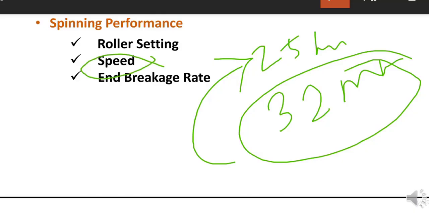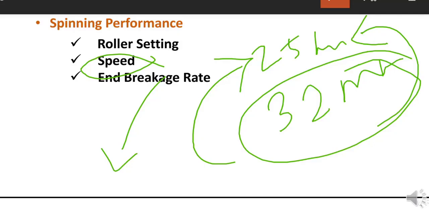Next is end breakage rate. End breakage rate, especially on ring frame, is governed by length of the fiber. You take same example, 25 mm and 32 mm cotton. If you won't change the setting from 32 to 25, then because of more floating fibers, there will be more breakages and your process will go out of control.